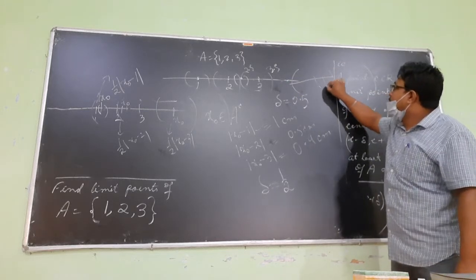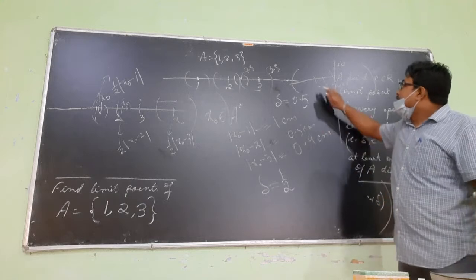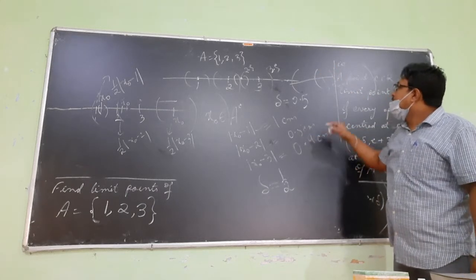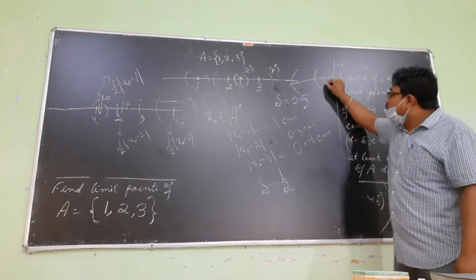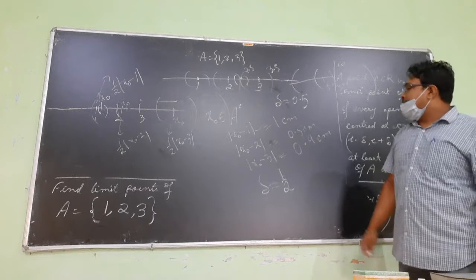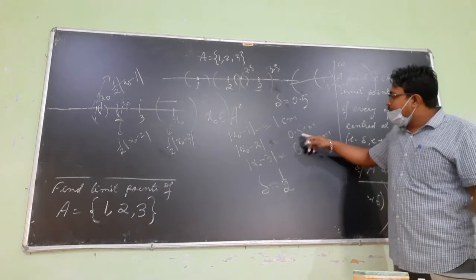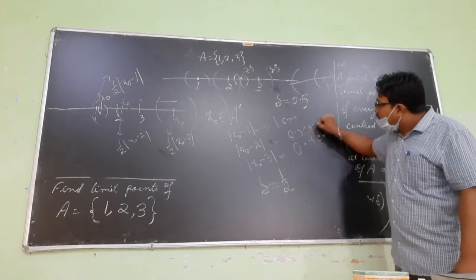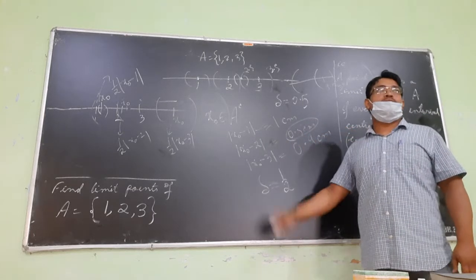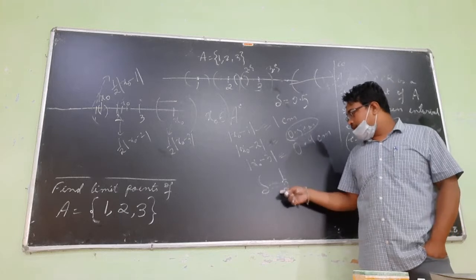If I construct an open interval of radius 0.9, in that case the point 2 will be included. But if I construct an open interval having radius half of the smallest one, in that case everything will be outside. So what should be this delta?